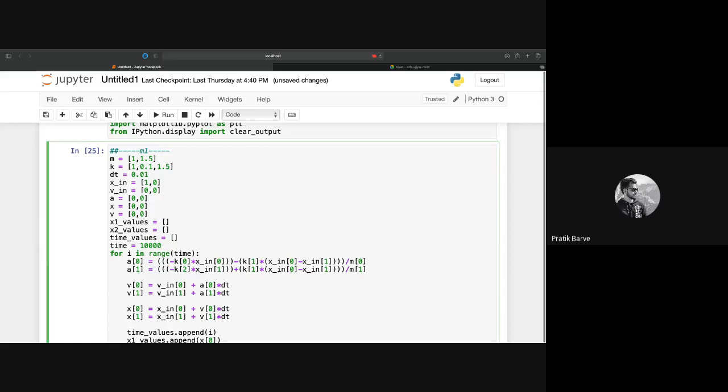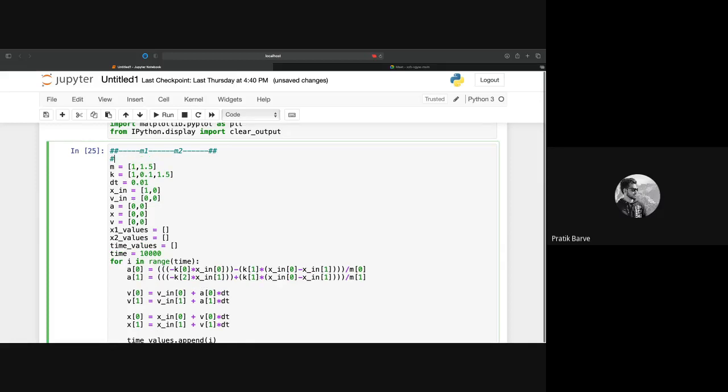I'll make a diagram so that people can visualize. Might be confusing for some. So this is our K0, and this is our M0.